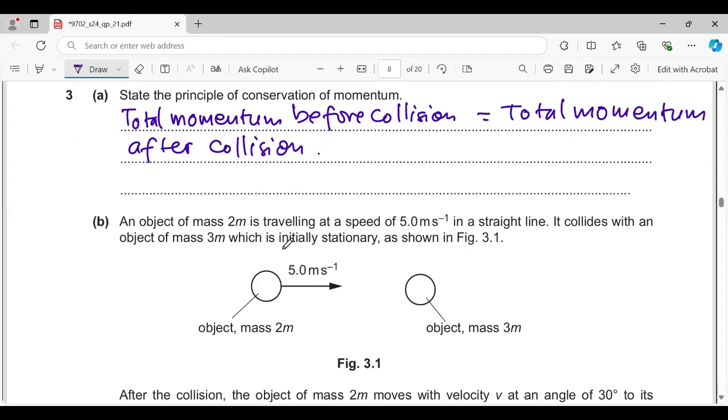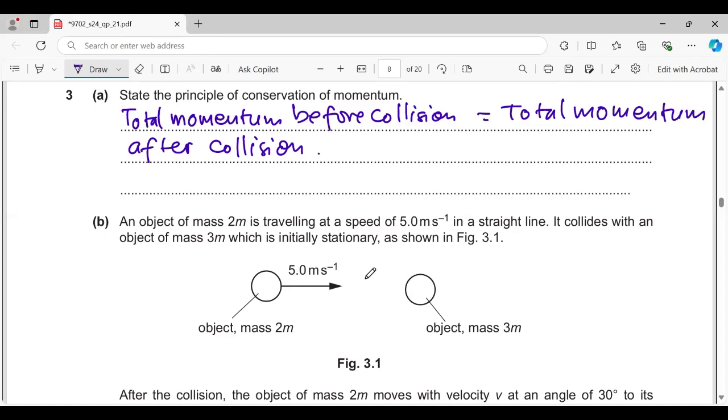So this object moves to the right and will collide with this object, 3m, with velocity of 5 meters per second. Between this object and this object, the distance is 5 and 5, so it means 10 meters.